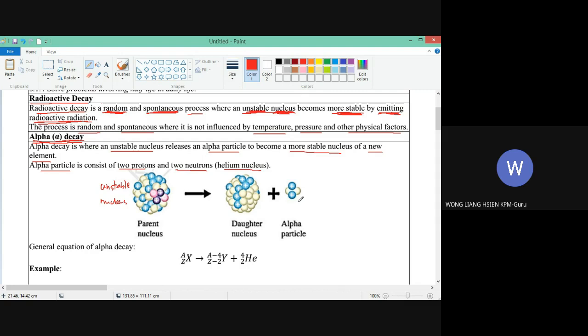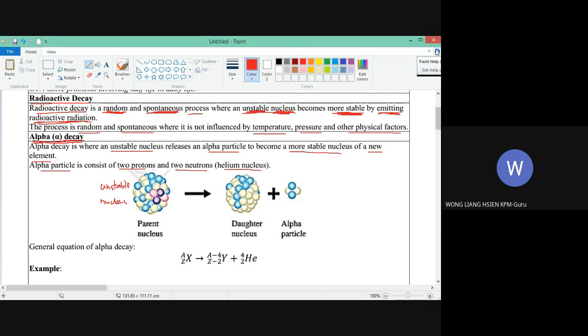We call it an alpha particle, and because these 2 protons and 2 neutrons are the same as the nucleus of helium, we also call it a helium nucleus. So we do not have another kind of decay that emits oxygen nucleus, boron nucleus, carbon nucleus, or sodium nucleus. Please do not misunderstand.